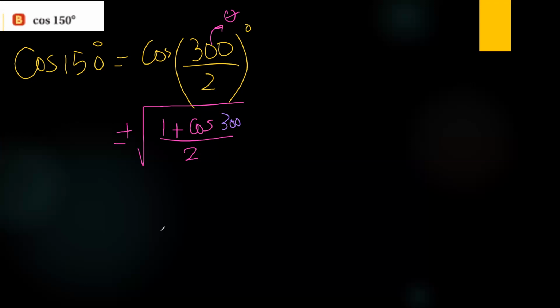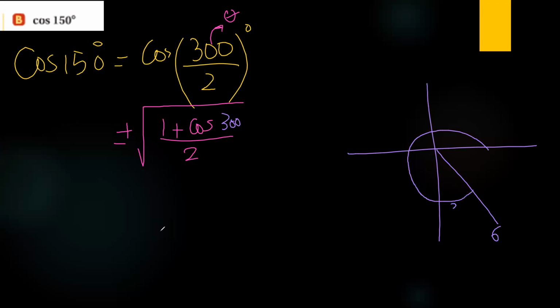Now, cosine of 300, remember the unit circle. It is 270 plus 30 degrees, so it's here, 60 degrees negative. Now we need to find its sine and cosine, so we use the cosine and sine of 60.